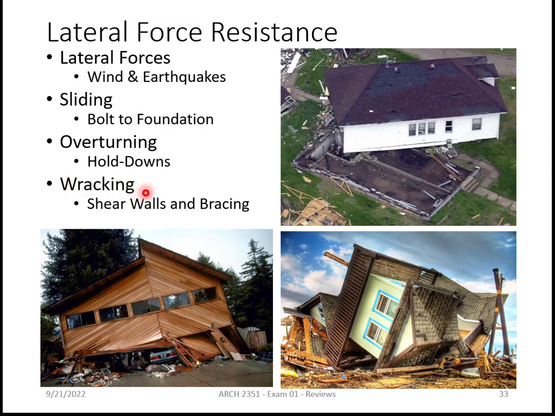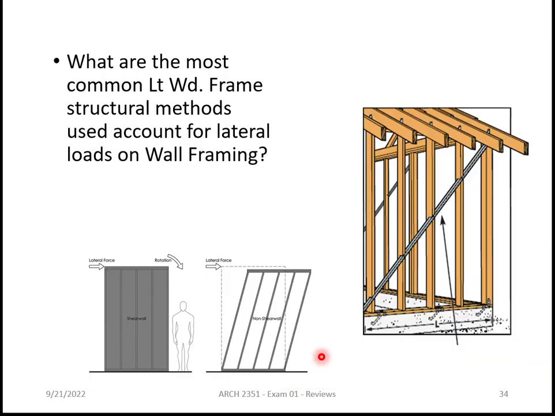How do you get a shear wall in light wood frame? You sheathe a wall, a stud wall. You put sheathing on there. When you put sheathing on there, you're now tying all those studs together. You've, in a sense, given it structural stability, and it becomes what we call a shear wall.